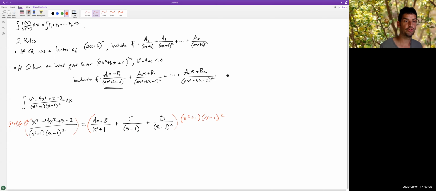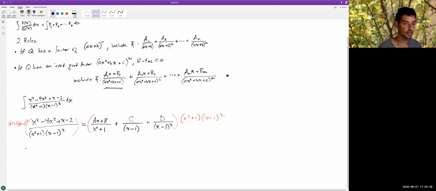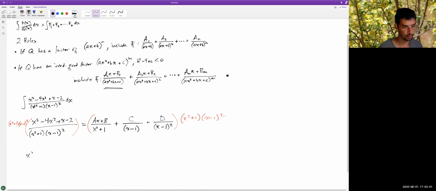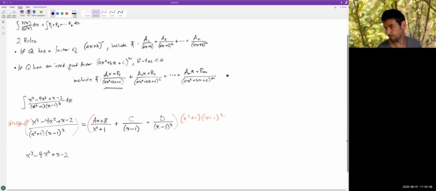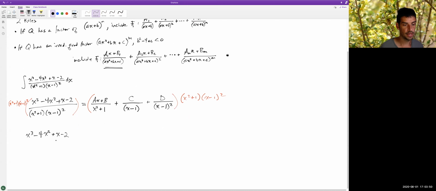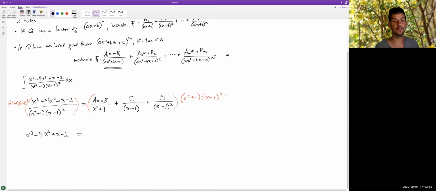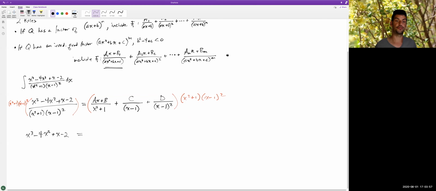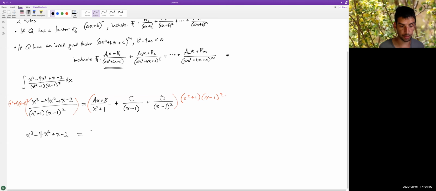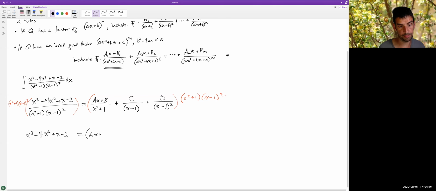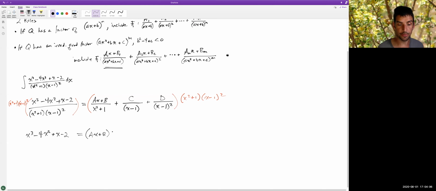All right, so what happens? Well, we cleared it on the left, so we're left with simply x cubed minus 4x squared plus x minus 2. And over here, we distribute these two factors to each of these. When we distribute, for instance, to the first term, the denominator is canceled with the factor of x squared plus 1, leaving ax plus b, and we have x minus 1 squared.